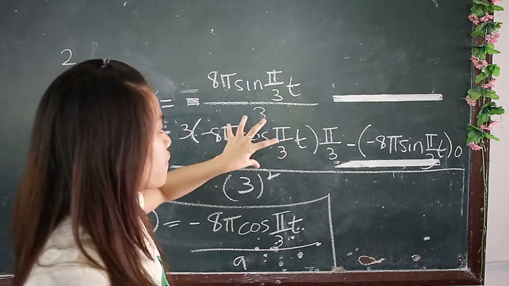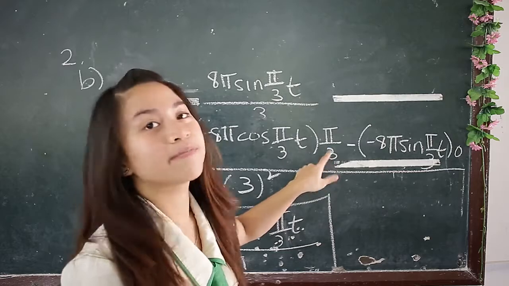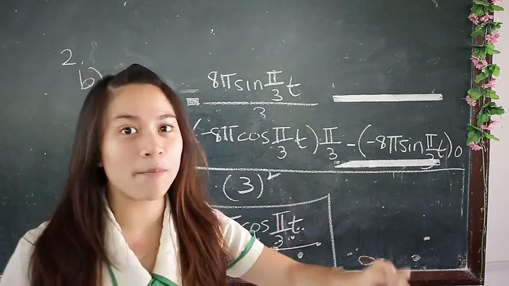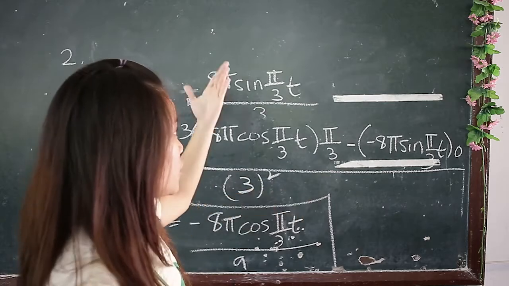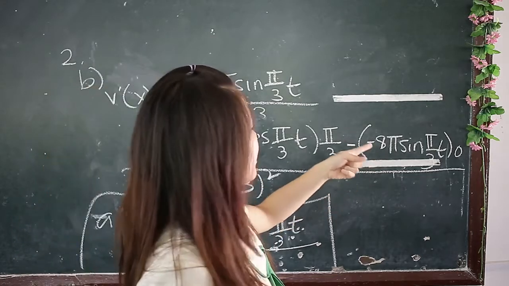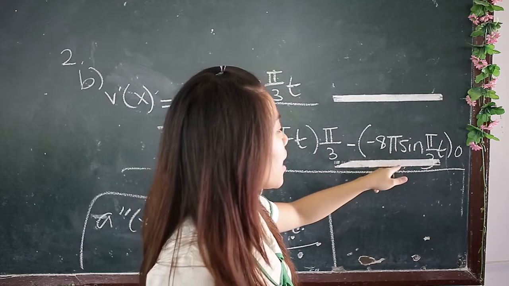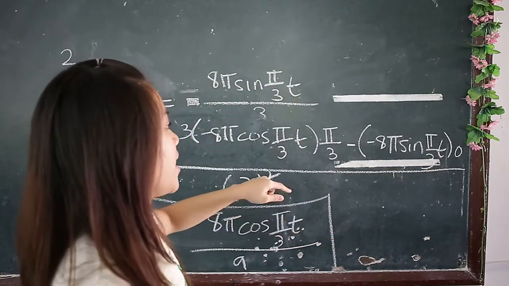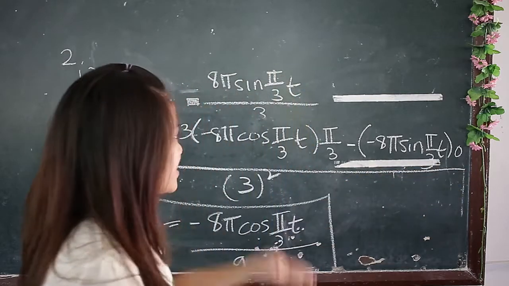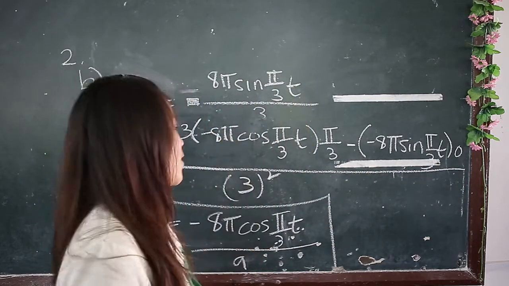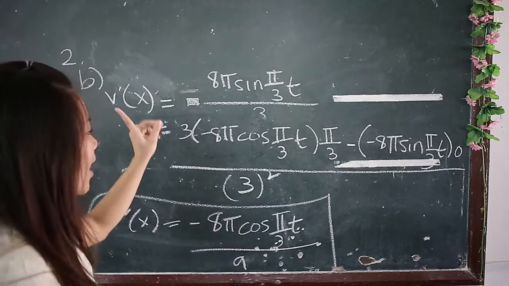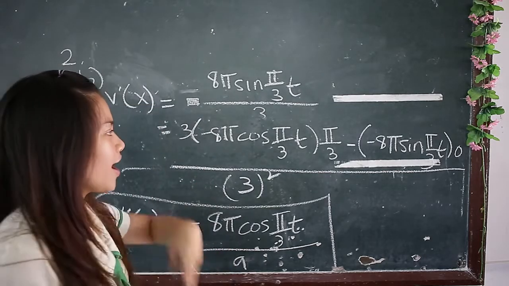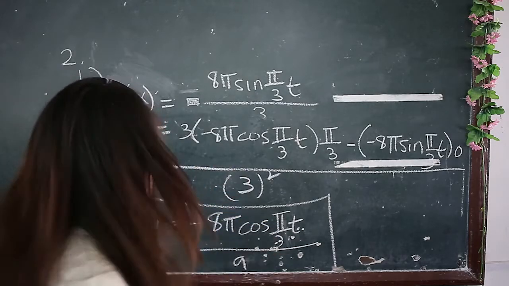And then the derivative of this is pi thirds, minus, we are going to copy the v, the u. So negative 8 pi sine pi thirds t, and the derivative of v is 0 since this is a constant. Okay, so at the next step, we are going to simplify.